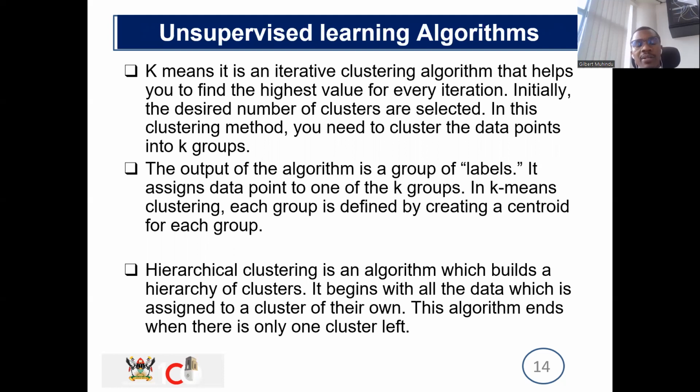To break this down, in k-means we have mainly clusters. I'll give you an example. If we have two clusters, then our k will be equal to 2. Then we shall have two main clusters for the various data set info that we have. Each group is defined by creating a centroid for each group.